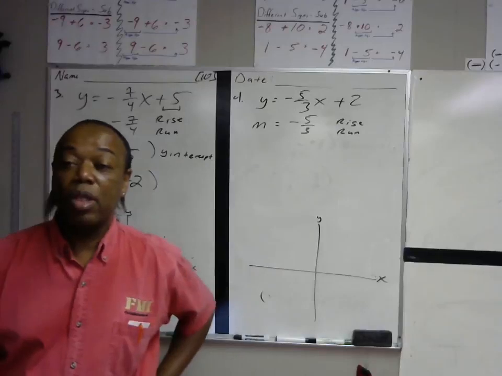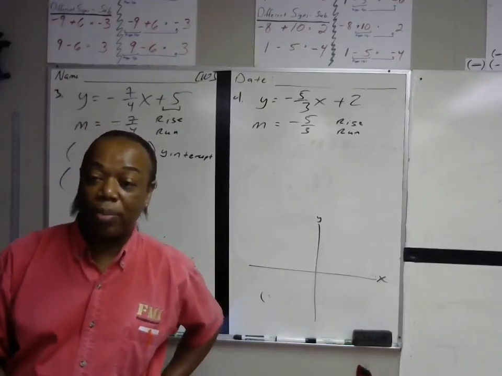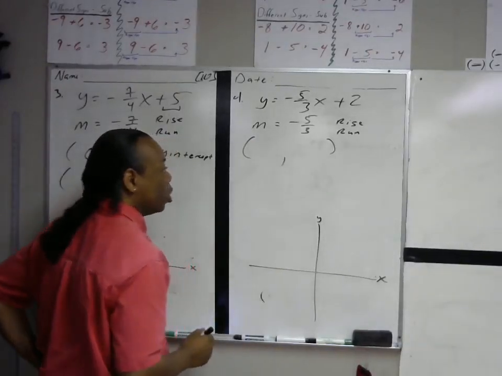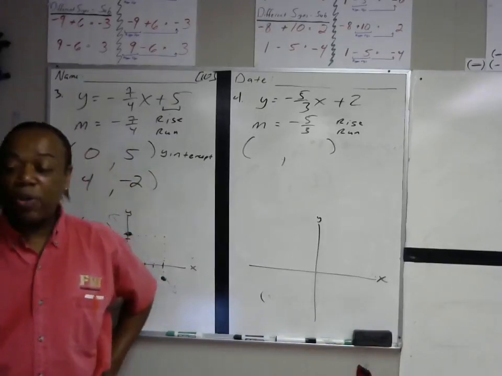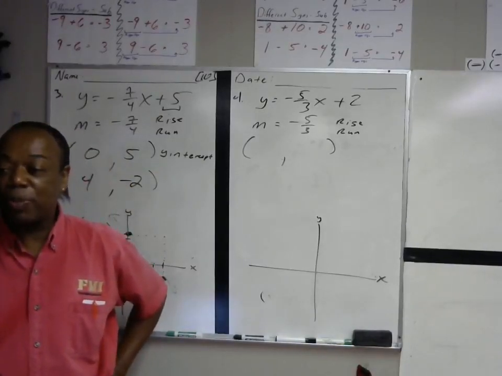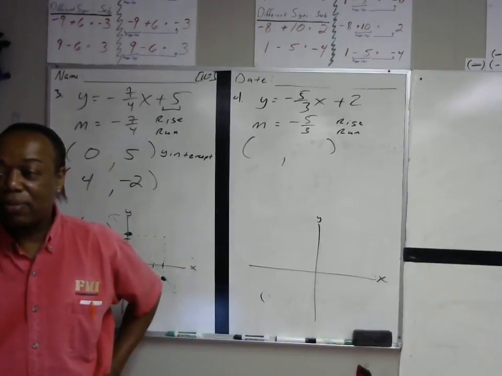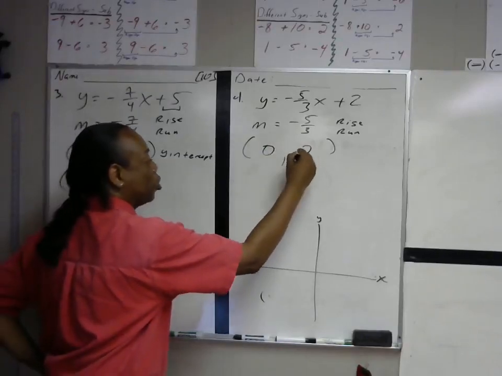Okay. Now that we know what our rise over run is, let's go ahead and get our Y-intercept. What do you think the Y-intercept is in this particular case? Very good, guys. 0 first, then your 2.